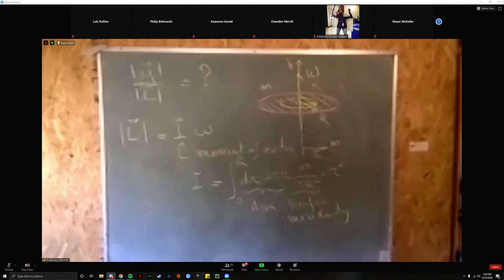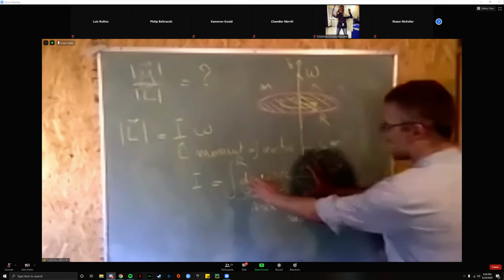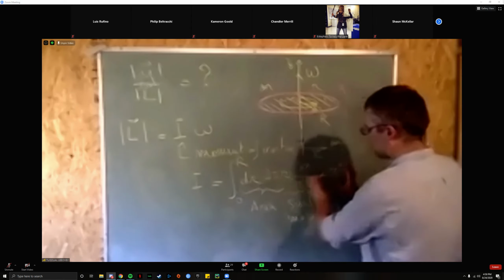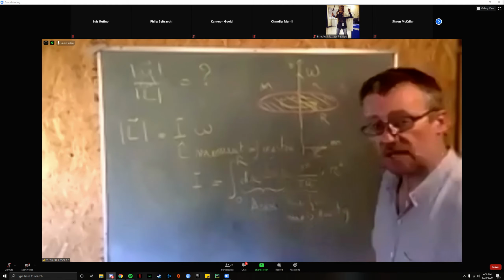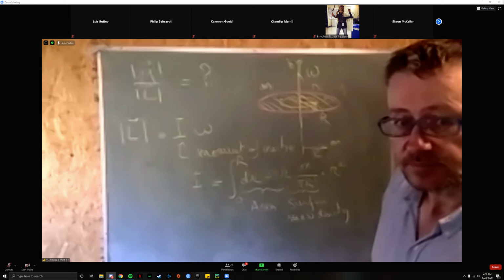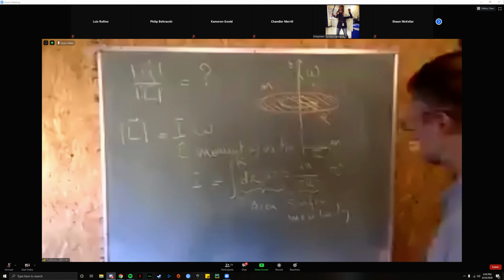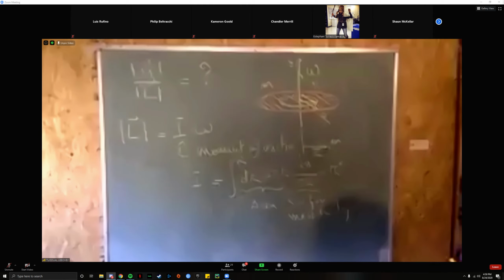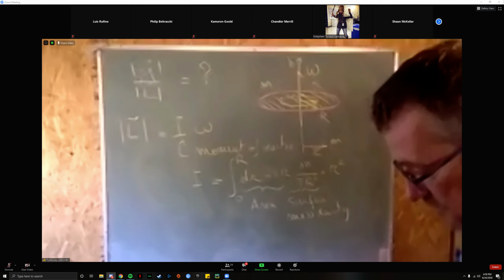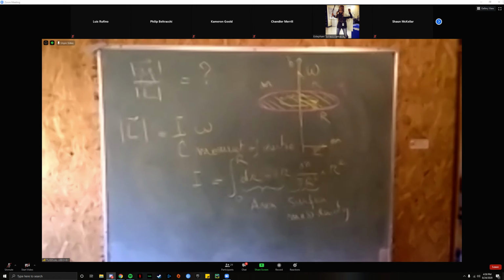Right, and you see that this is a mass times r squared. That's a moment of inertia. So you just included the r squared on the numerator to make it the moment of inertia, right?